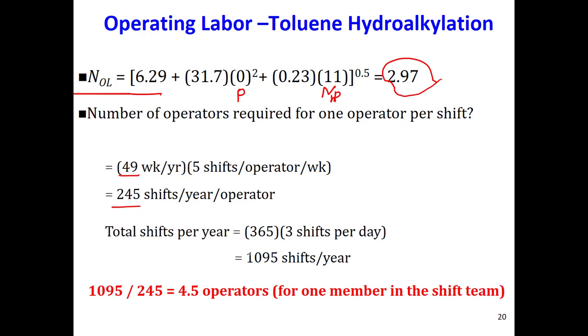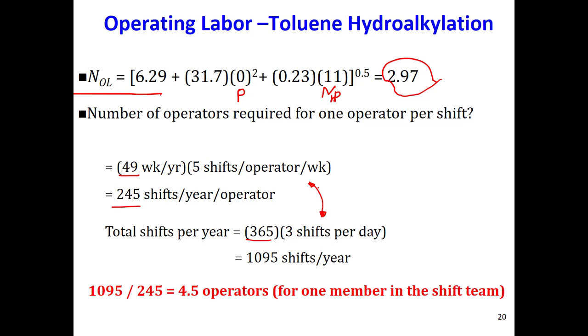And then how many shifts do we have per year? We have 365 days per year. Why is this important? Because the plants are working 24 hours, 7 days per week. They are working all the time. Some operators work Monday until Friday, then they are off Saturday and Sunday.